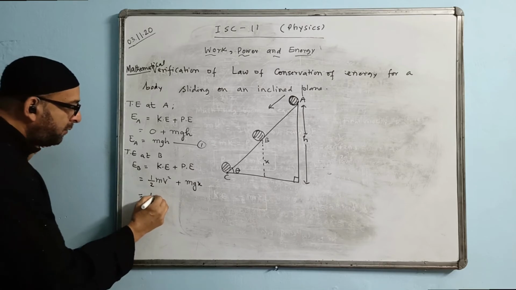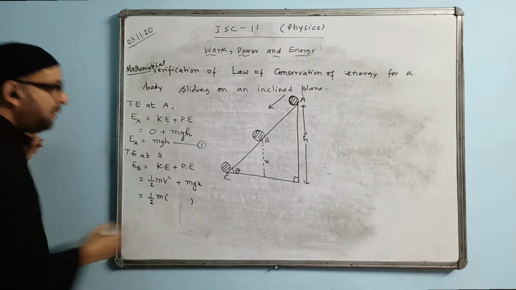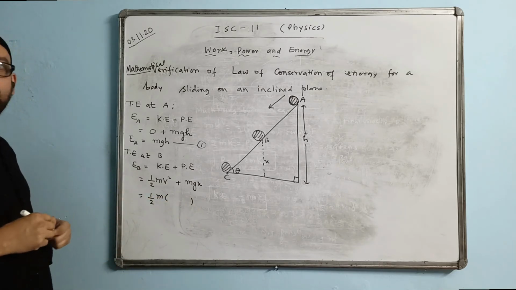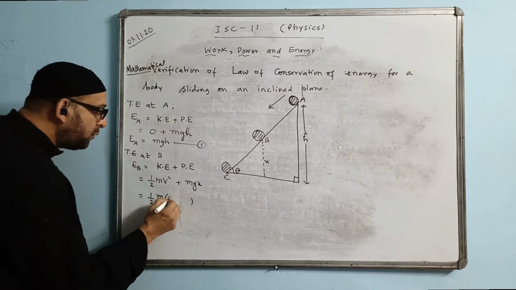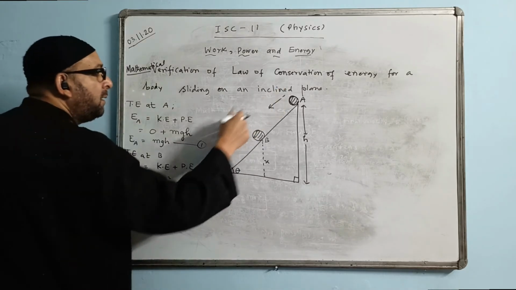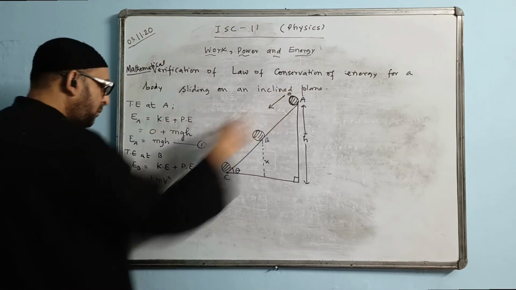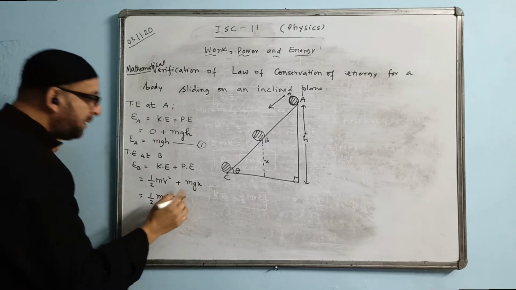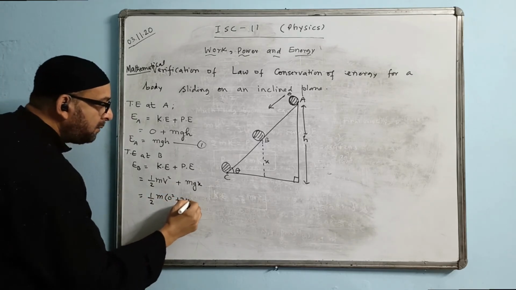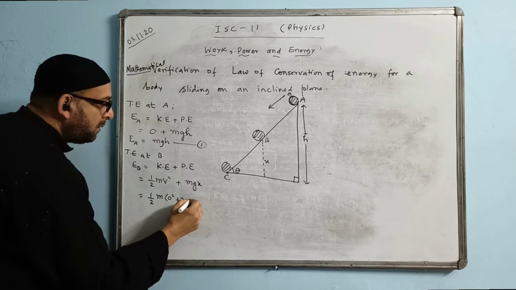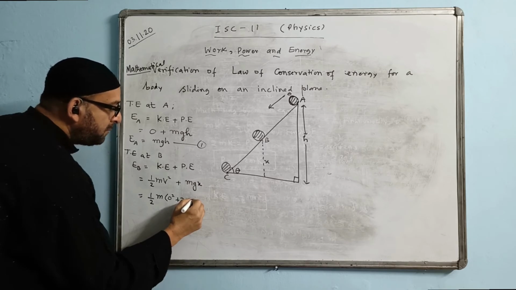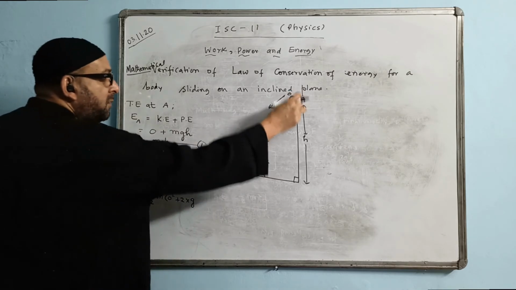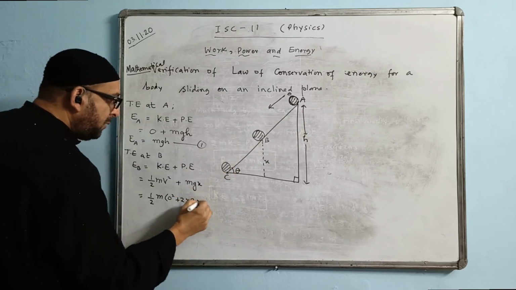For half mv square, I will write v square as u square plus 2as. v square is equal to 0 square plus 2a, because the initial velocity is 0. The value of a will become g, and we take g into the distance traveled.